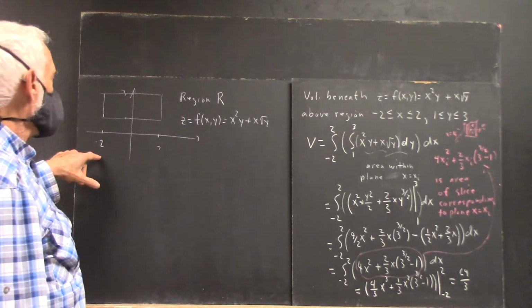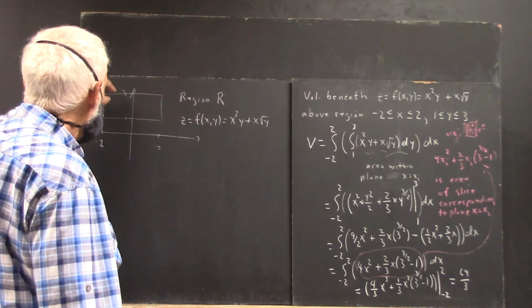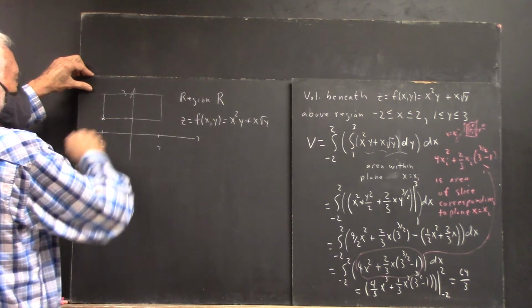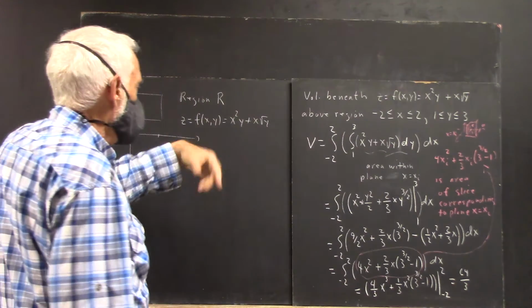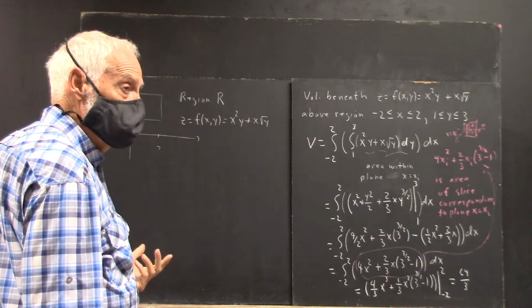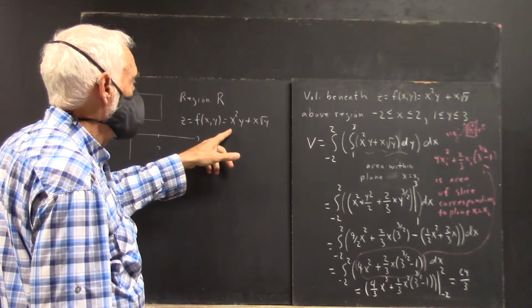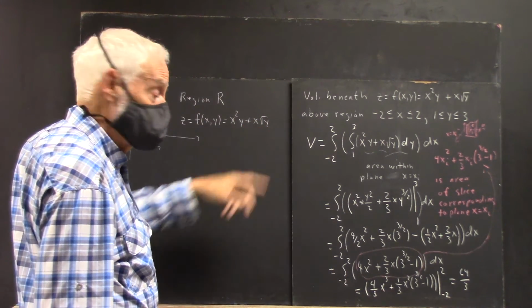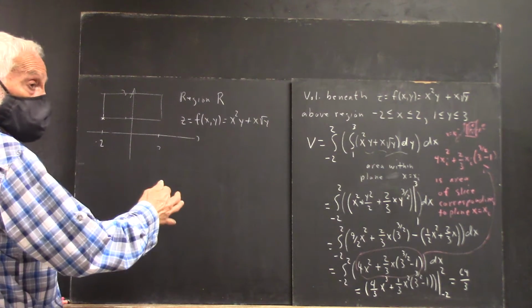Well, if X is -2 and Y is 1, we can plug that in. X is -2, Y is 1, right? So we have 4 times 1 plus -1 times 1, right? And that's going to be 3.